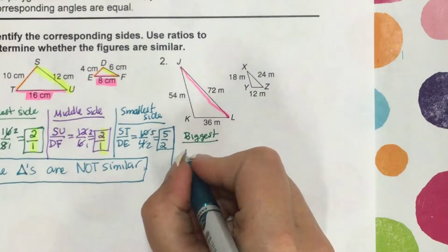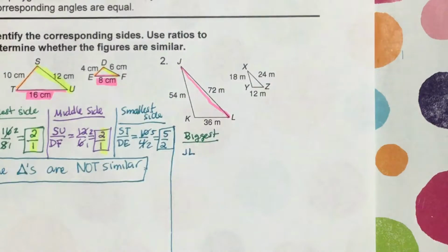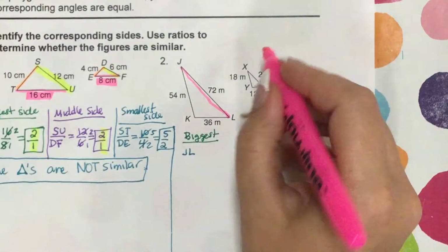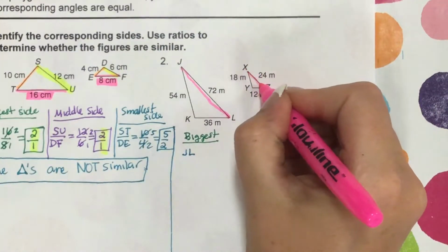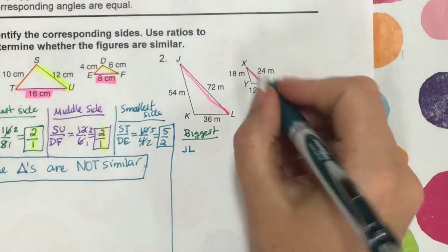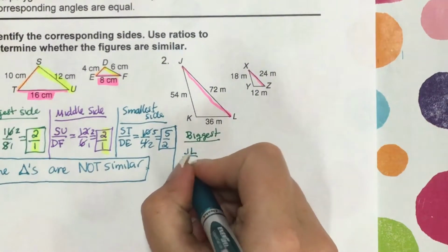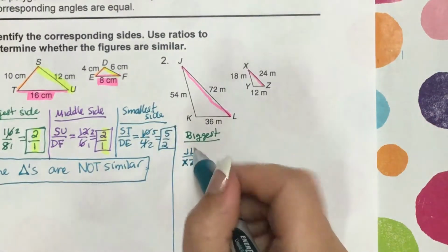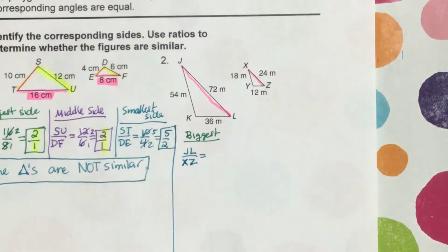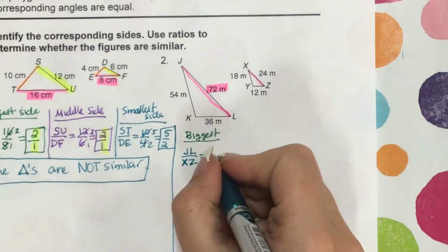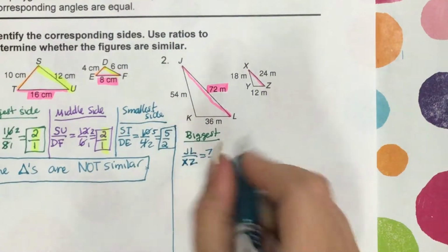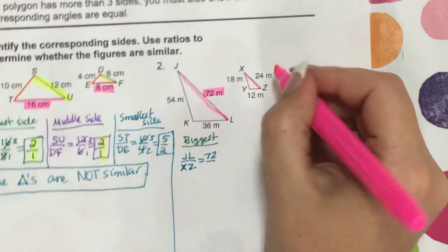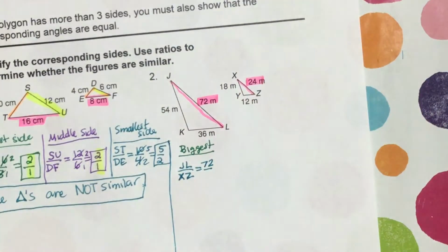JL over the biggest side here, which is 24, which is XZ. Sorry, using the symbols here. XZ. Now we're going to fill in the numbers. JL is the same thing as 72. And XZ is the same thing as 24.